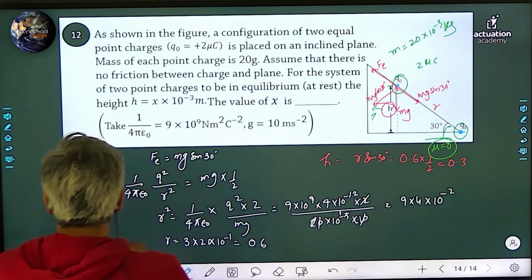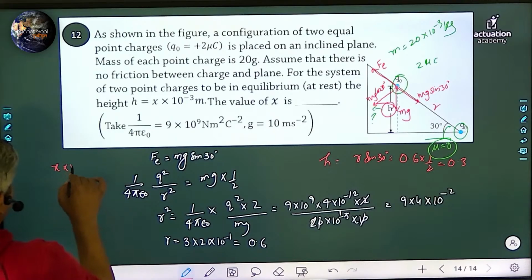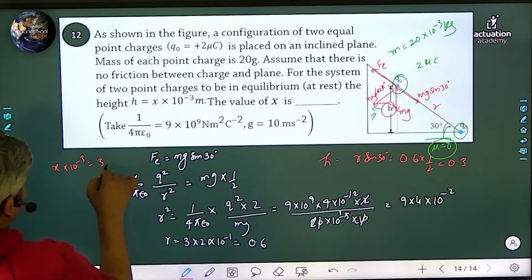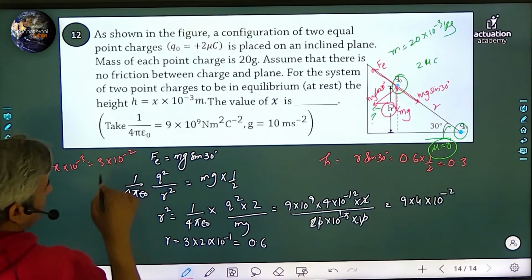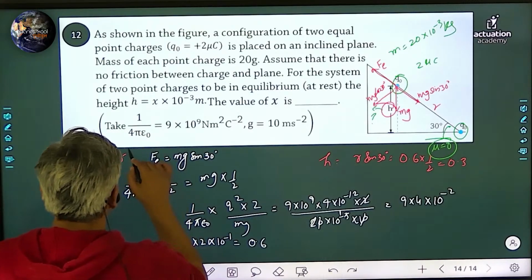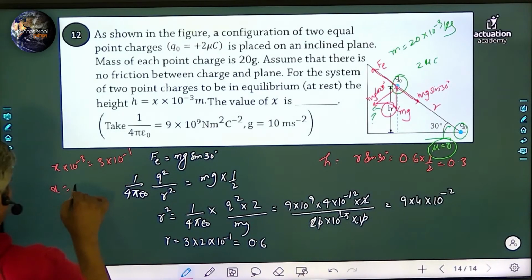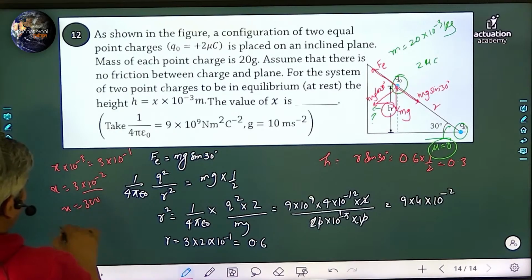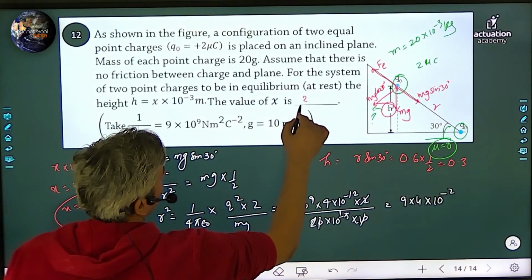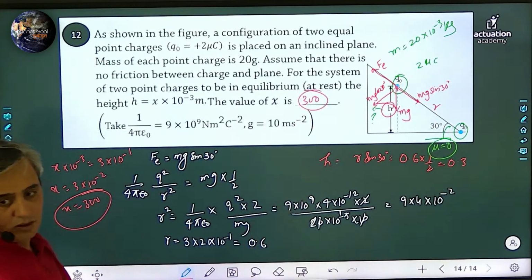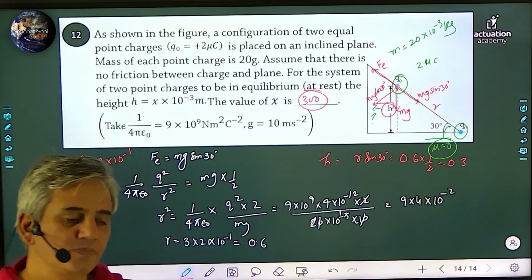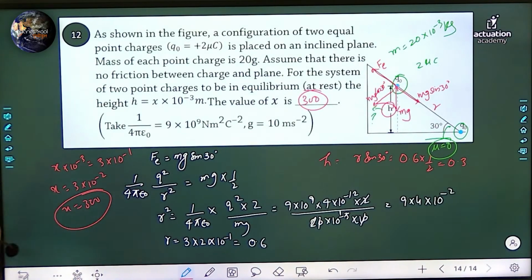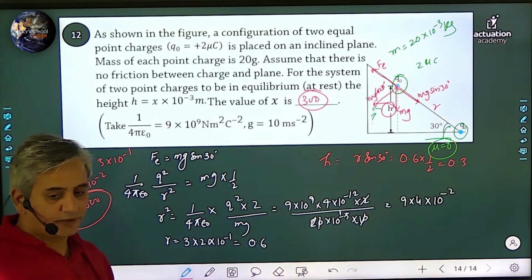So x into 10 raised to power minus 3 is equal to 3 into 10 raised to power minus 1. Sorry, this was 0.3, so minus 1. So x will become 300. x is 300. Okay, so that's all, guys. That's all for today. Thank you.